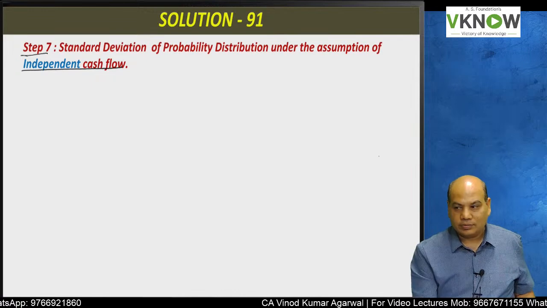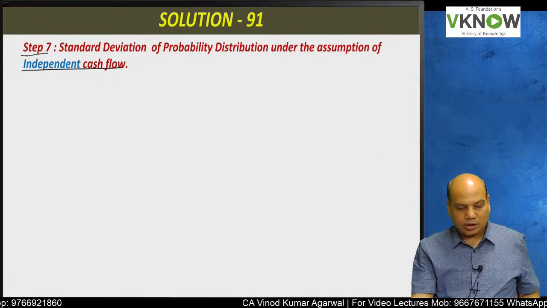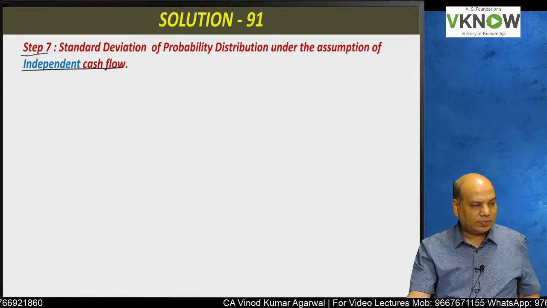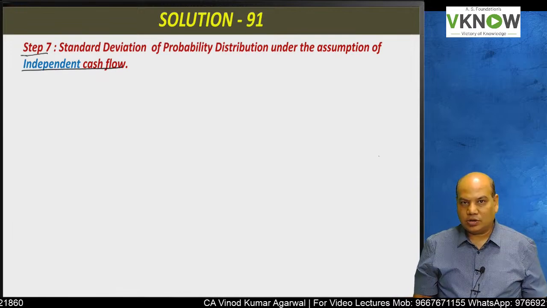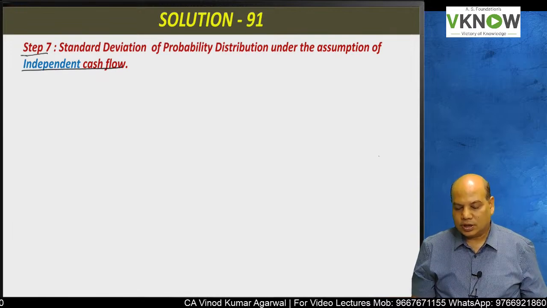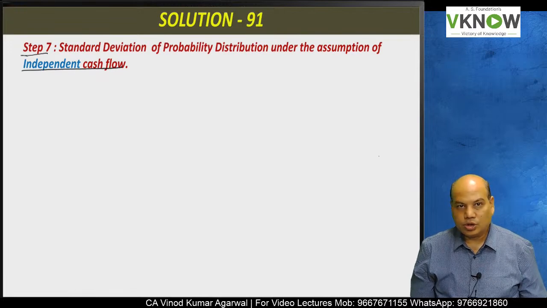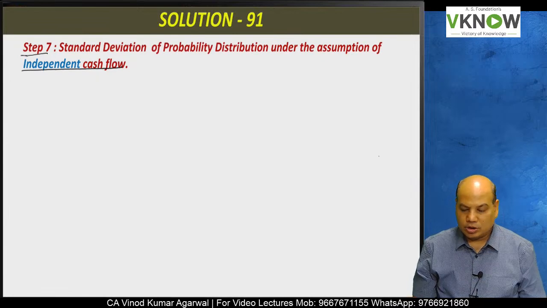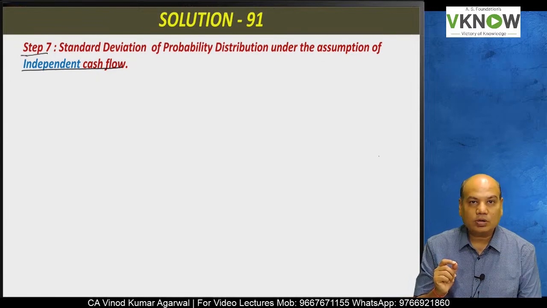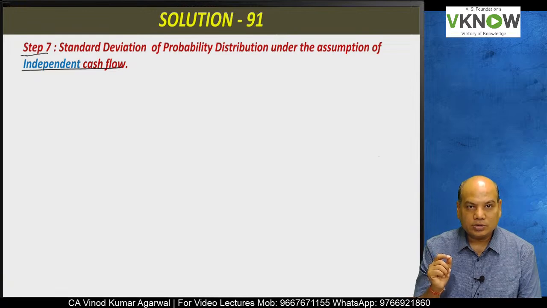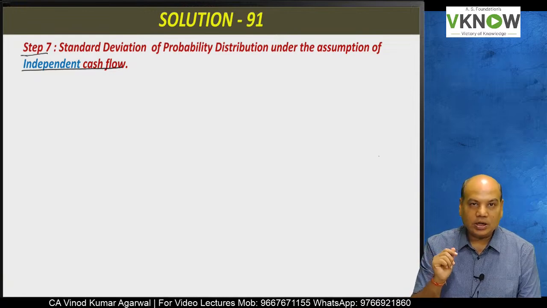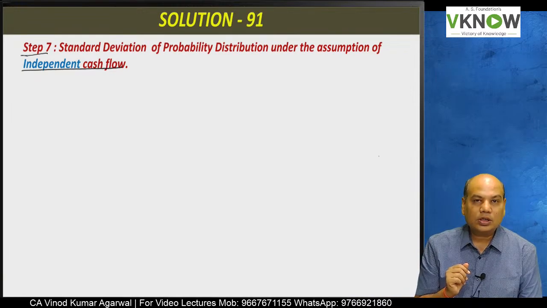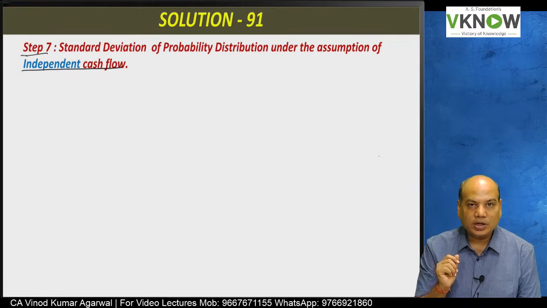Write down the heading. Last part of the answer. Standard deviation of probability distribution under the assumption of independent cash flow.